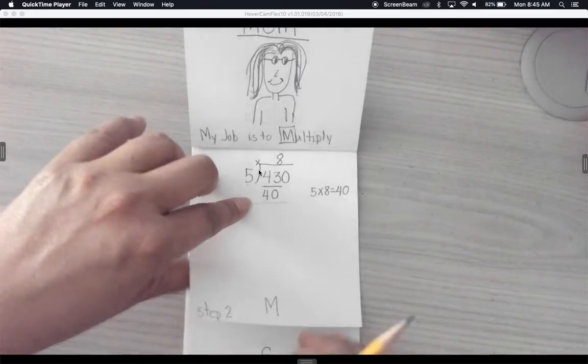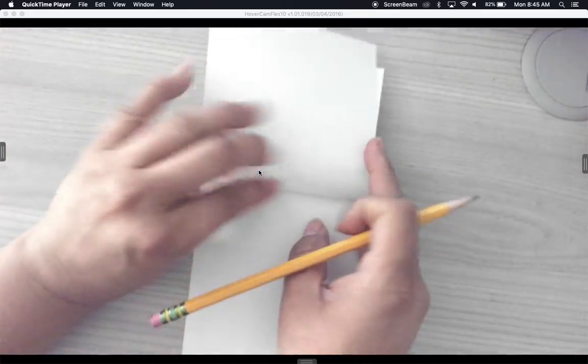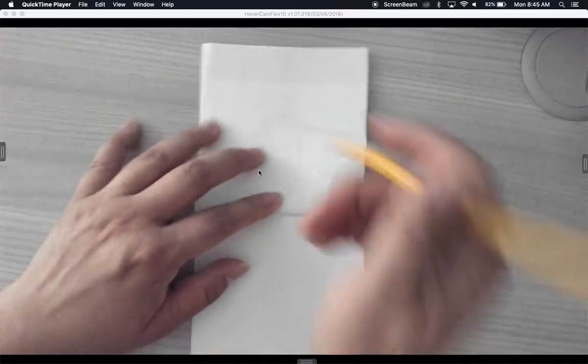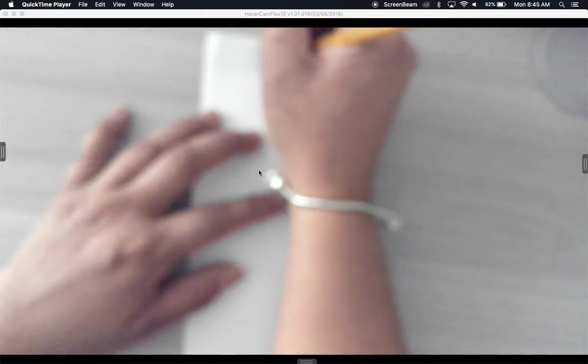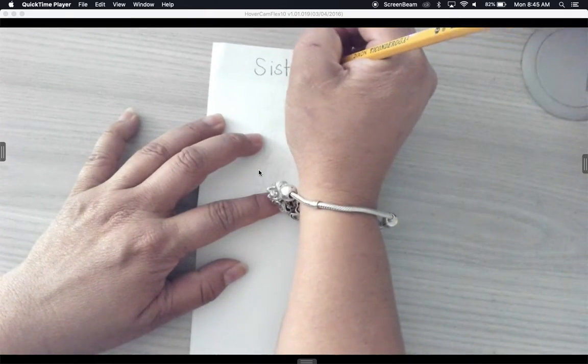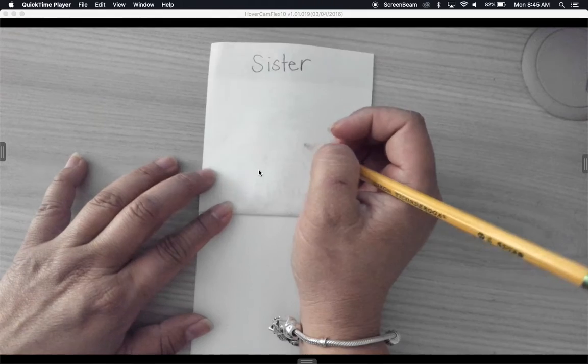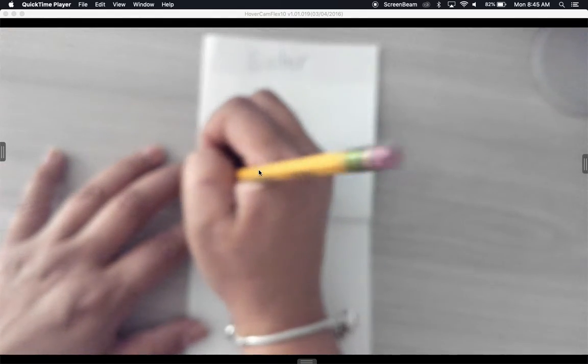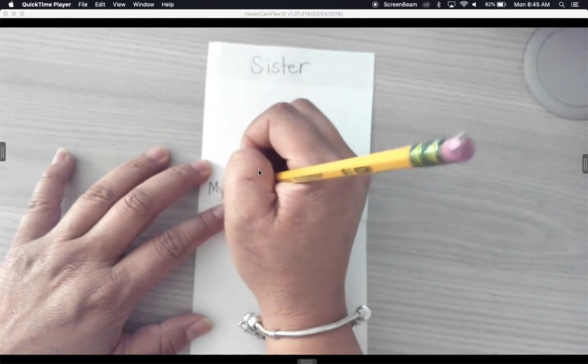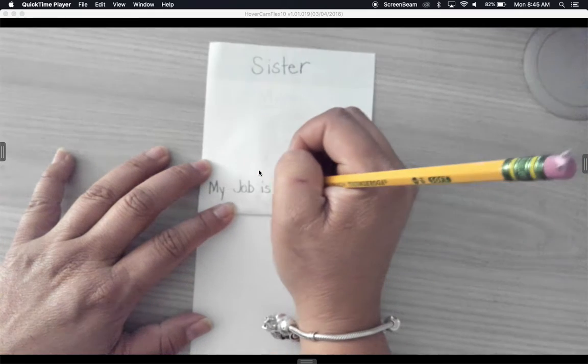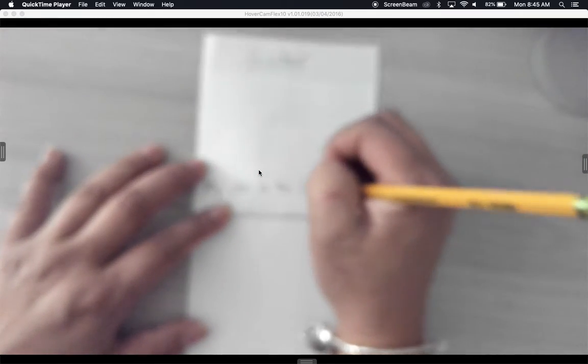Now we go on to step 3. And here we have who? Sister. So sister's job is to subtract.